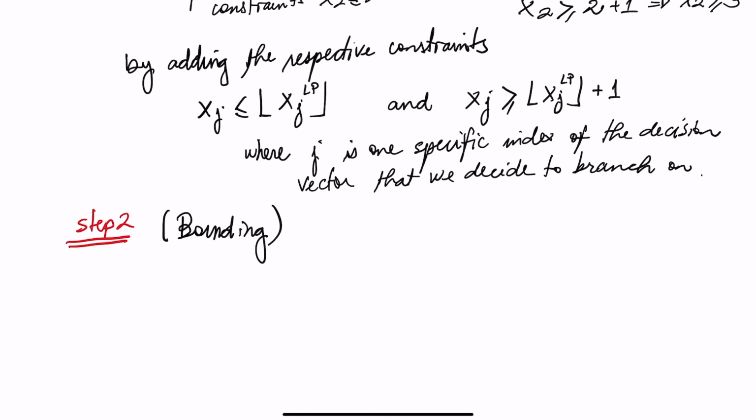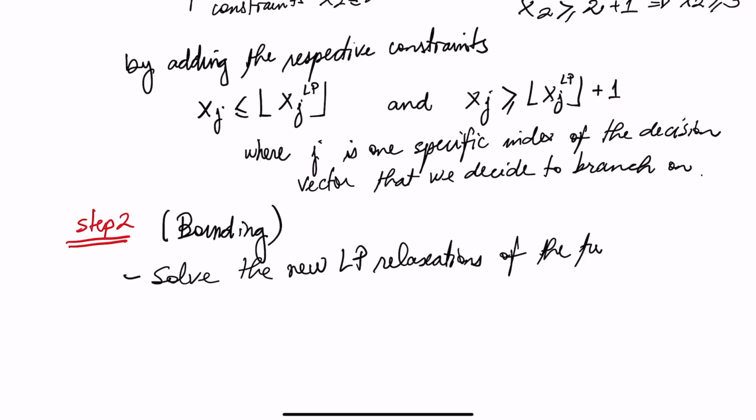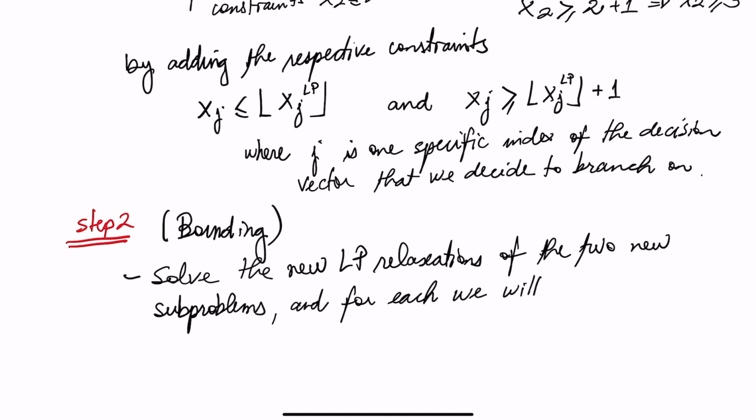So in this step, with the new constraints, we're gonna solve the new LP relaxations of the two new subproblems, and for each of them, we will obtain the solution to that relaxation with the addition of a new constraint and the values of the decision vector represented by that LP relaxation with the new constraint.